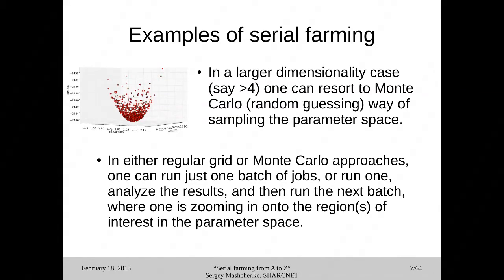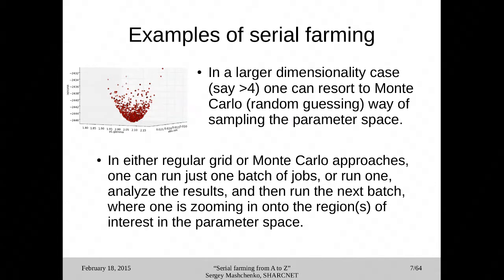Often it's more efficient if you run one batch with a coarse grid, then you zoom in on an area of interest in your parameter space, and then rerun another batch of independent jobs with another grid or another Monte-Carlo batch where you're trying to find a more accurate answer.